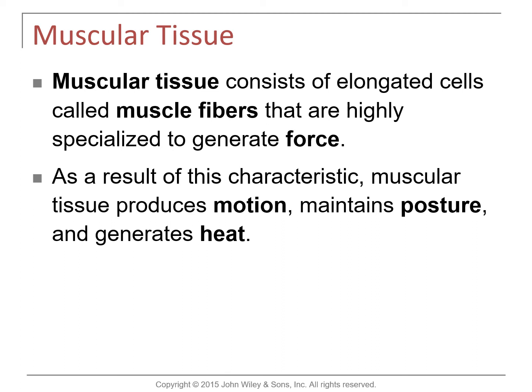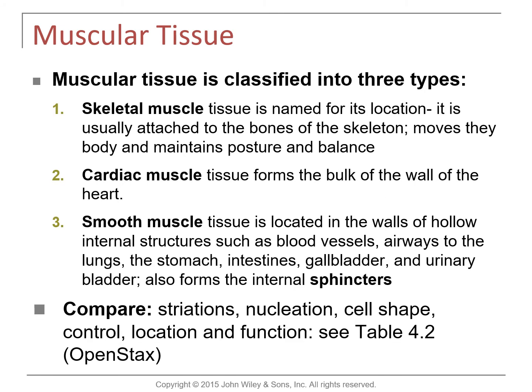Because these cells are specialized to generate force, muscular tissue produces motion, maintains posture, and generates heat as it metabolizes nutrients to create motion. Muscular tissue comes in three types: there's skeletal muscle tissue, cardiac muscle tissue, and smooth muscle tissue, each made up of different types of muscle cells.